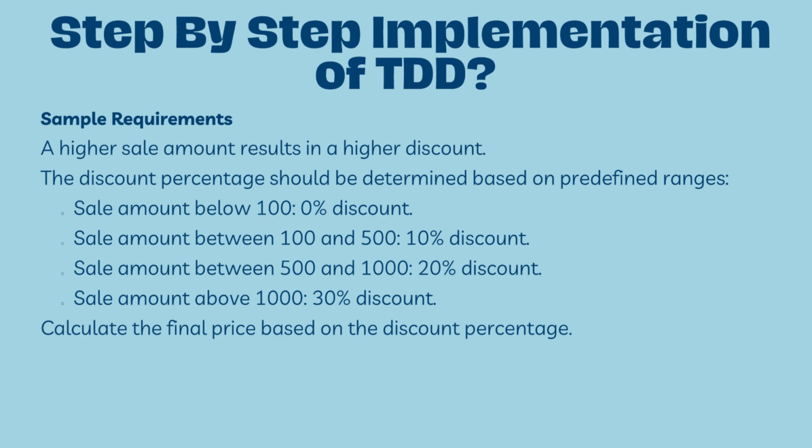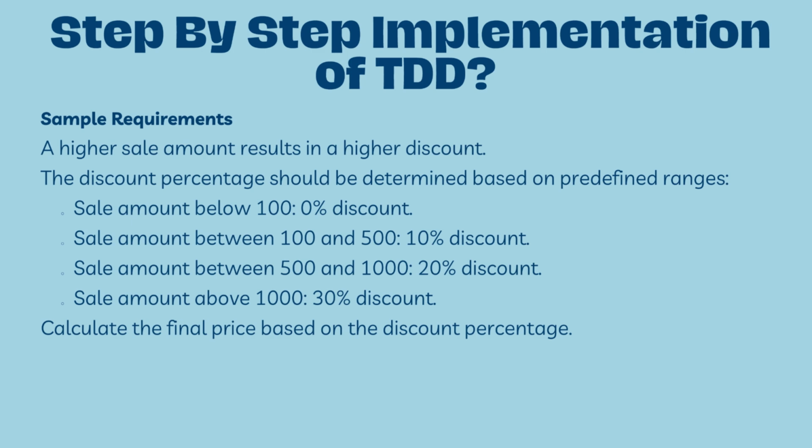If the sales amount is between 100 and 500, then the discount is 10%. If between 501 and 1000, then it will be 20%. If the sales amount is above 1000, then the discount is 30%.